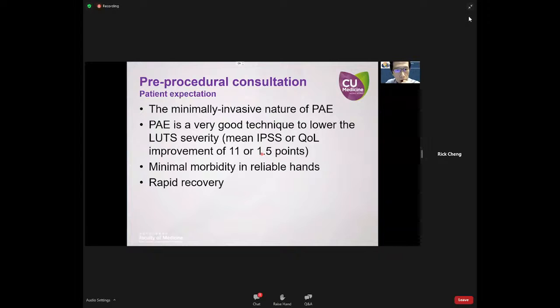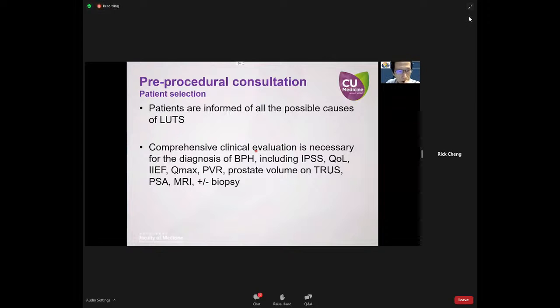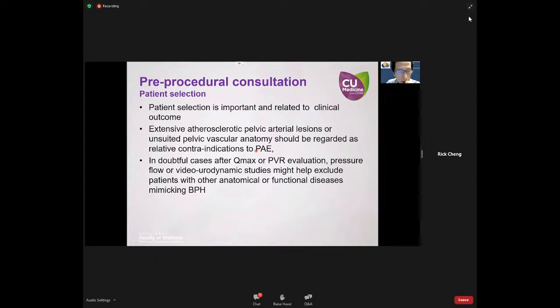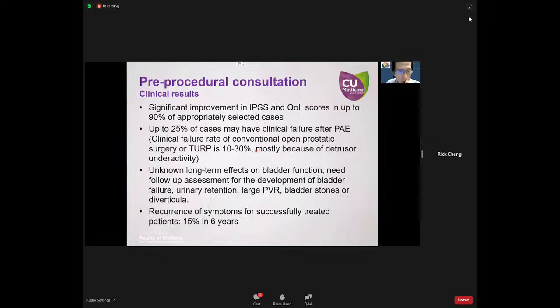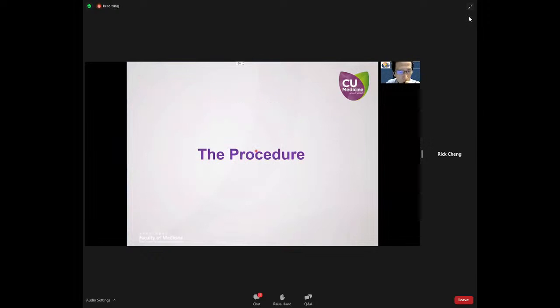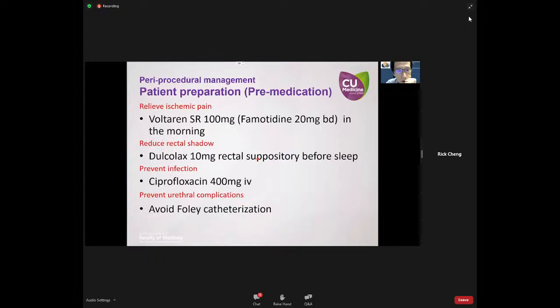So before the procedure, we counsel our patients, let them know what to expect about the recovery, the morbidity, the long-term outcome, the recurrence rate, and also to exclude other possibilities other than BPH. So we have to let them be very sure about what to expect and what the possible complications are.